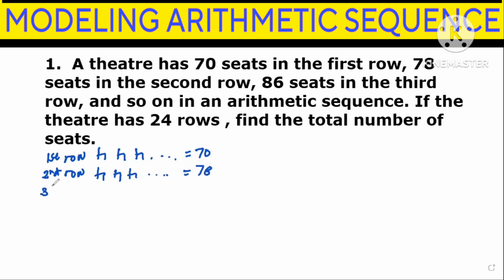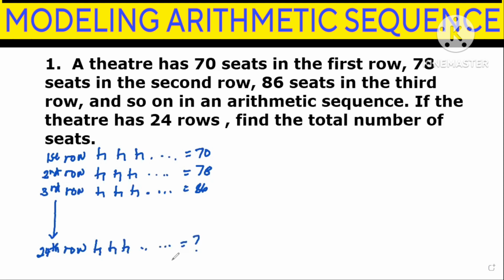And for the third row, total number of seats is 86, until the 24th row. So we have seats here. Do we know the number of seats? Of course, we do not know that, because we skipped.